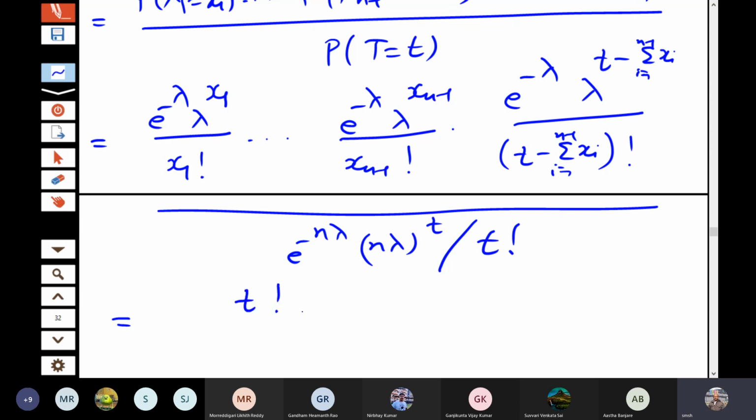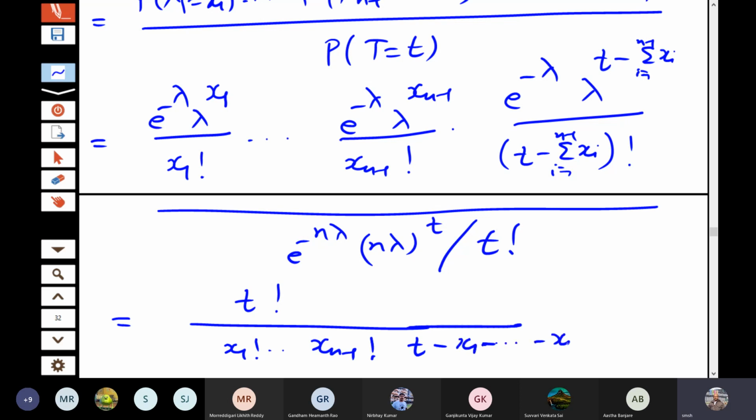So let me write it like this: t factorial divided by x1 factorial, x2 factorial, xn minus 1 factorial, t minus x1 minus x2 minus xn minus 1 factorial, and 1 by n to the power t.